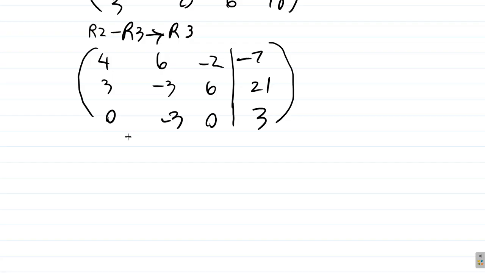So what do we do now? Try and get a 0 above this other 0, right? We want to get a 0 above that 0. So you try and get a 0 in row 2, column 1, which is right here. Let's have row 1 multiplied by 3 give us one new row 1.